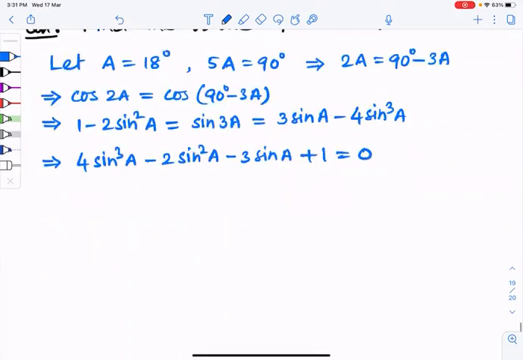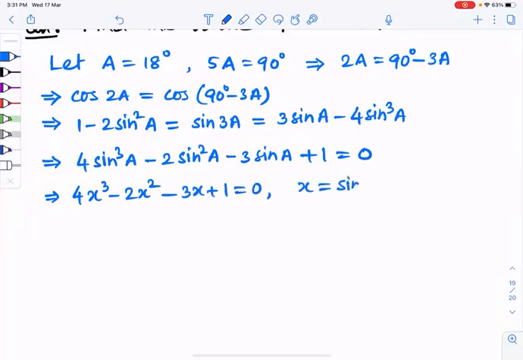Now it is like 4x cube plus 2x square minus 3x plus 1 equal to 0, where x is nothing but sine A and A is 18 degrees, so x is nothing but sine 18 degrees. So it is a cubic equation, and now we have to solve this cubic equation. How to solve cubic equation?